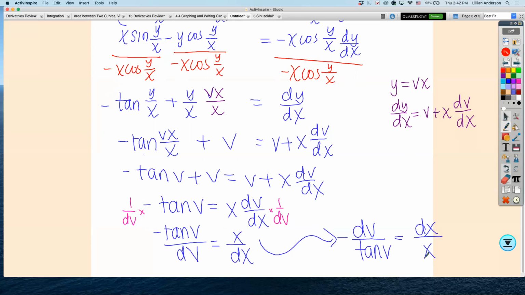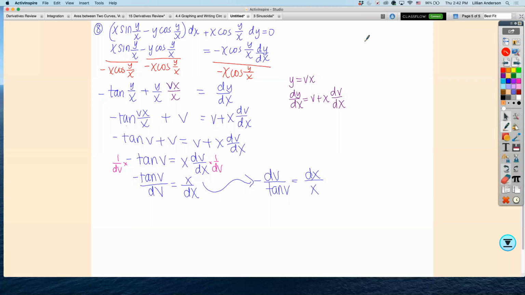But you know what? Tangent is sine over cosine. So when it's in the denominator, it's technically cosine over sine, isn't it? So this can actually be written as negative cosine v over sine v dv equals 1 over x dx technically.